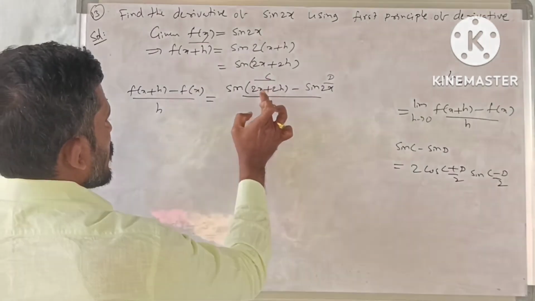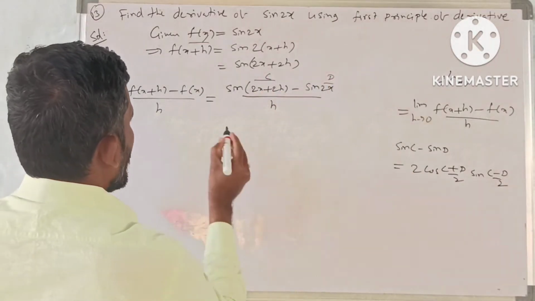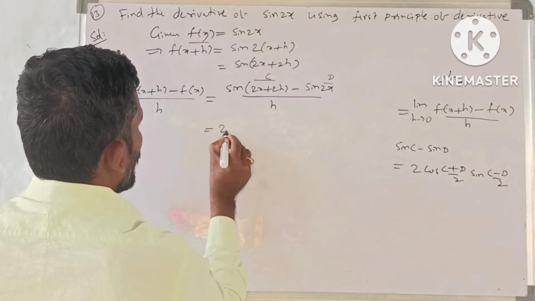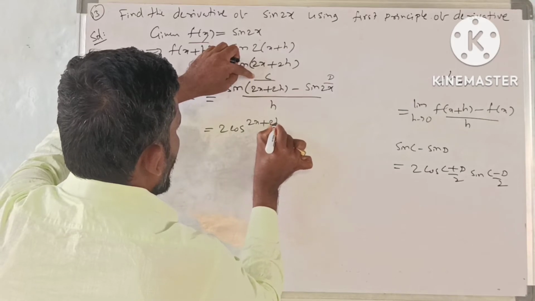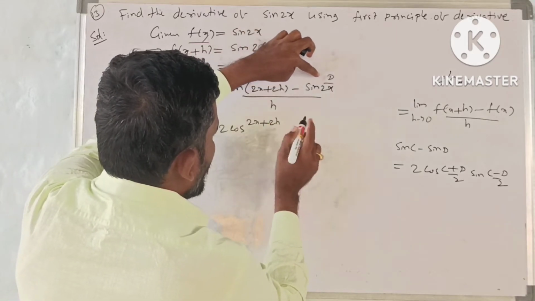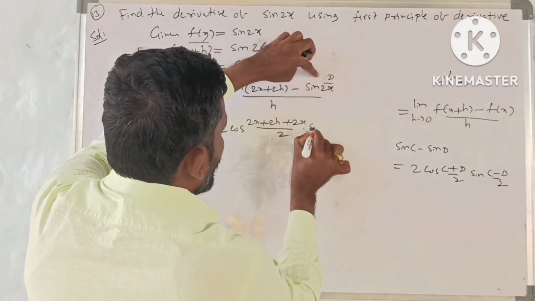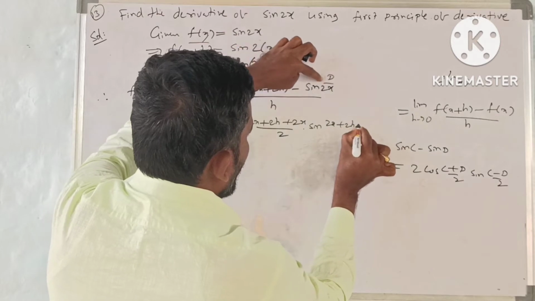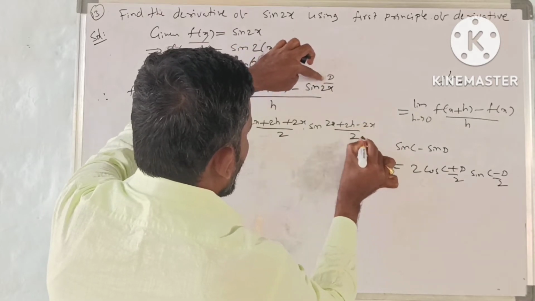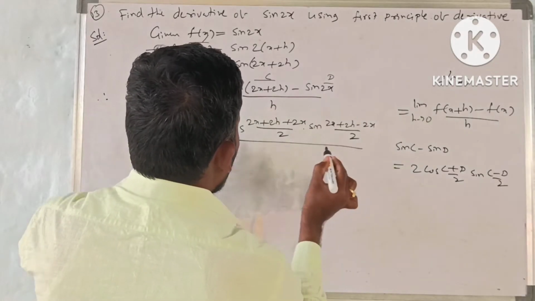Here c is 2x plus 2h, and d is 2x. Now I am substituting in that formula. So what will we get here: 2 cos of (c plus d) by 2, that is (2x plus 2h plus 2x) by 2, times sin of (c minus d) by 2, that is (2x plus 2h minus 2x) by 2, whole by h.